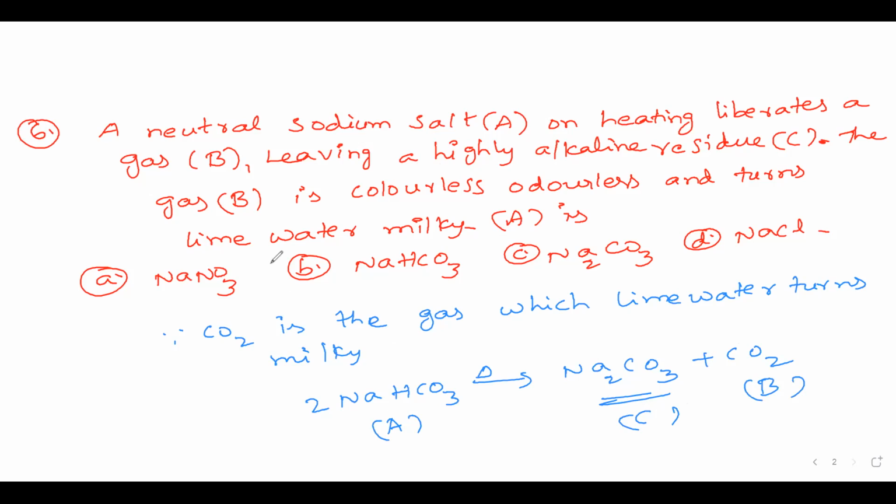So the answer is sodium bicarbonate, because when you heat sodium carbonate, it will not form carbon dioxide. We should get carbon dioxide, which turns lime water milky. So that's why the answer is sodium bicarbonate. Like this, you'll get analytical questions from properties.